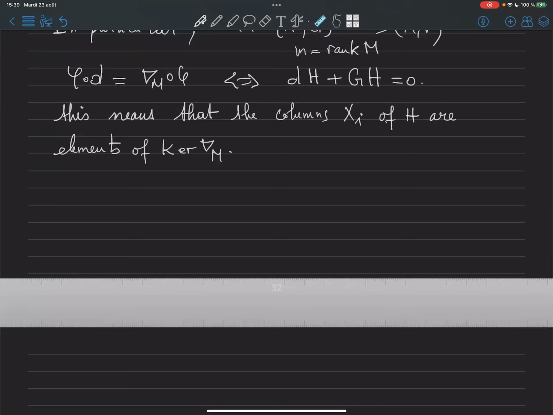And if there exists an isomorphism, it's equivalent to say that the dimension of the kernel is exactly equal. Then this means that we have linearly independent vectors in the space of solutions, and the kernel will have the same dimension as the rank of my differential module.